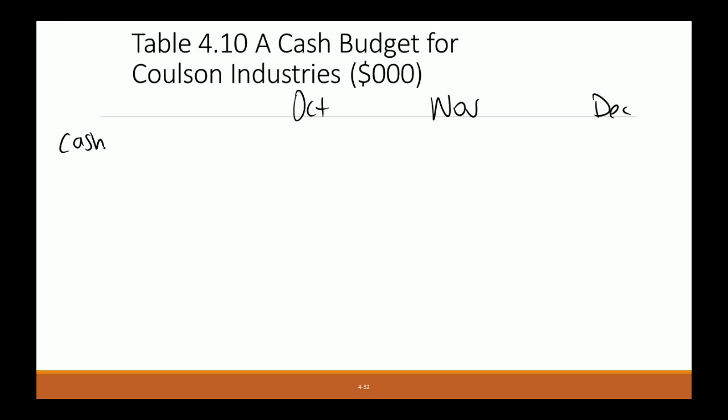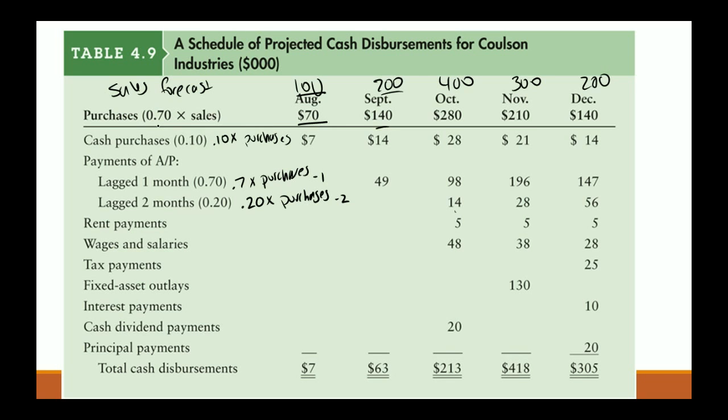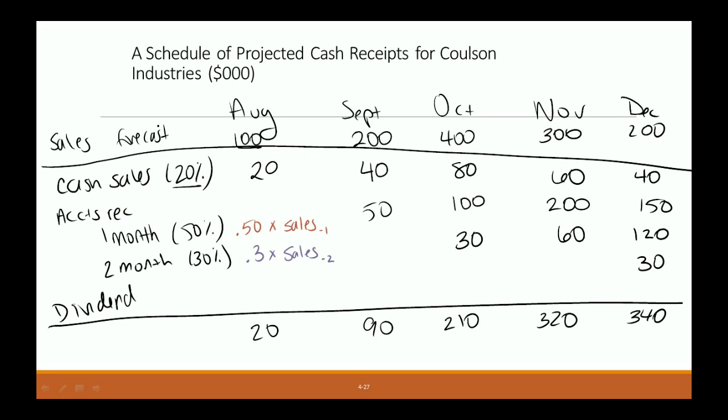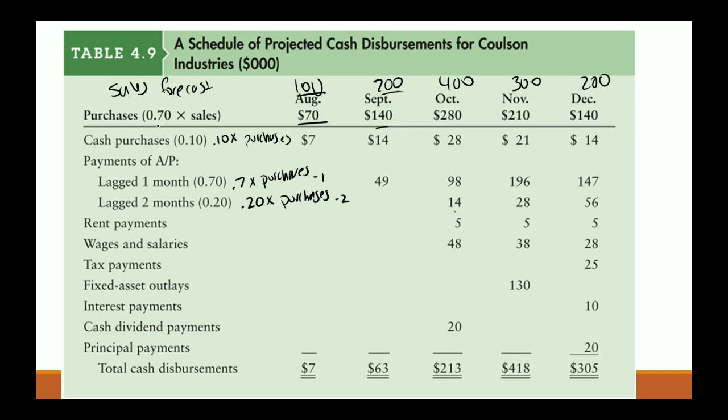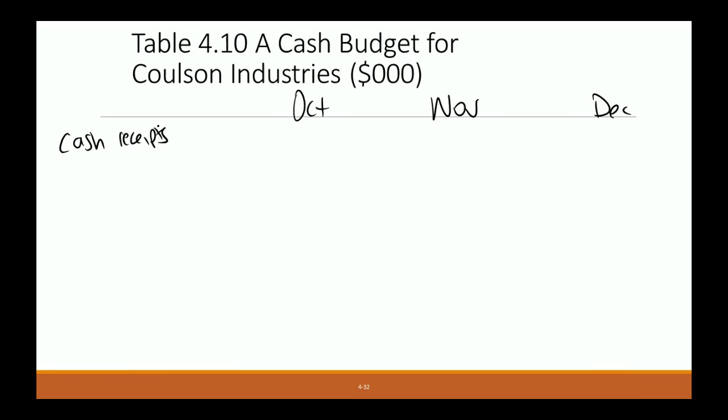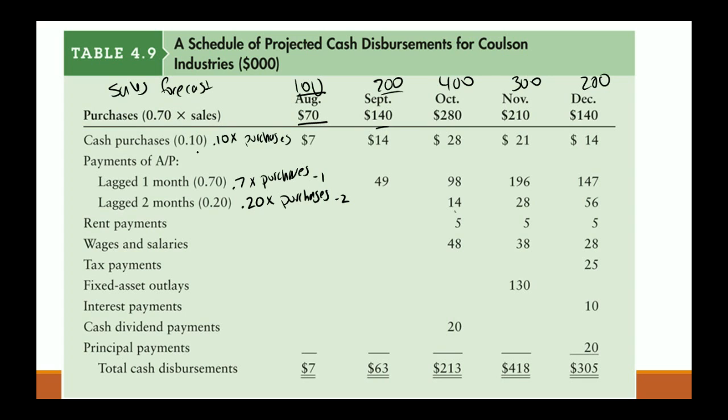So we have our cash receipts, what we calculated in this first table, 210, 320, and 340. We subtract our disbursements, our cash disbursements, which is what we just got done talking about, 213, 418, and 305.